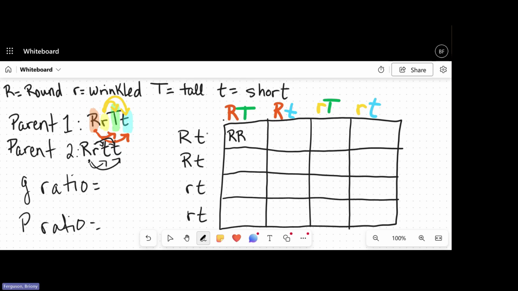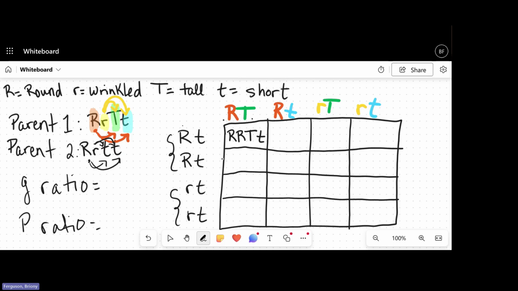So we have this double R, both are capital or dominant. Our dominant T from up at the top, and then our recessive T from the side. Because these two are the same and these two are the same, it helps fill this out a little bit quicker.